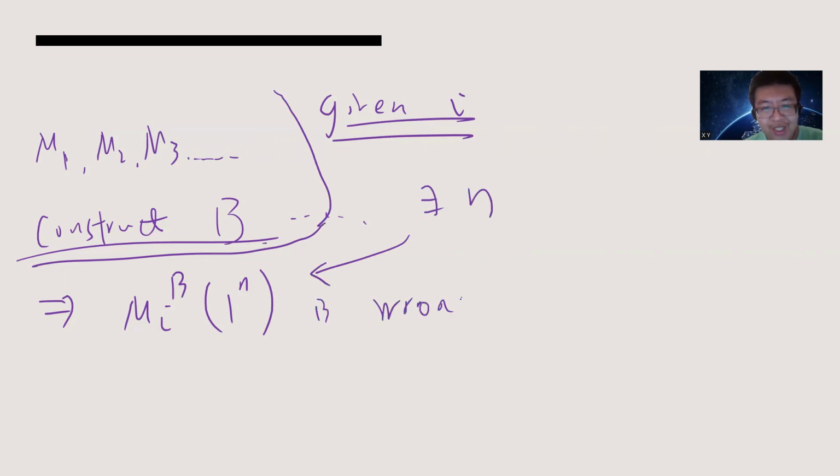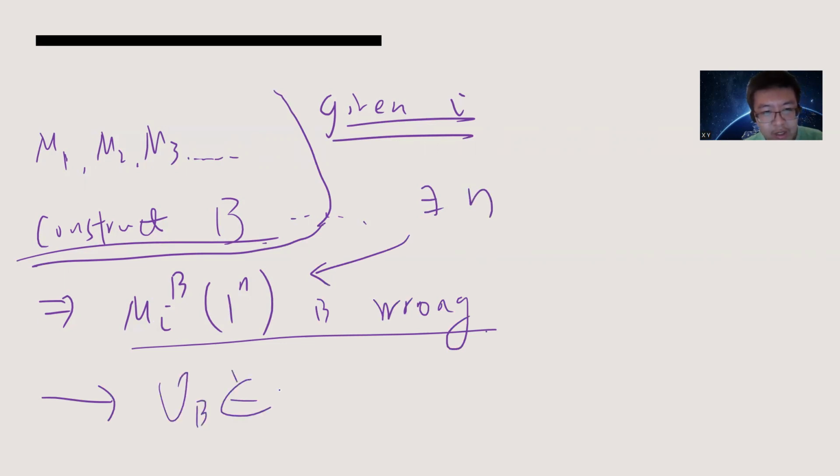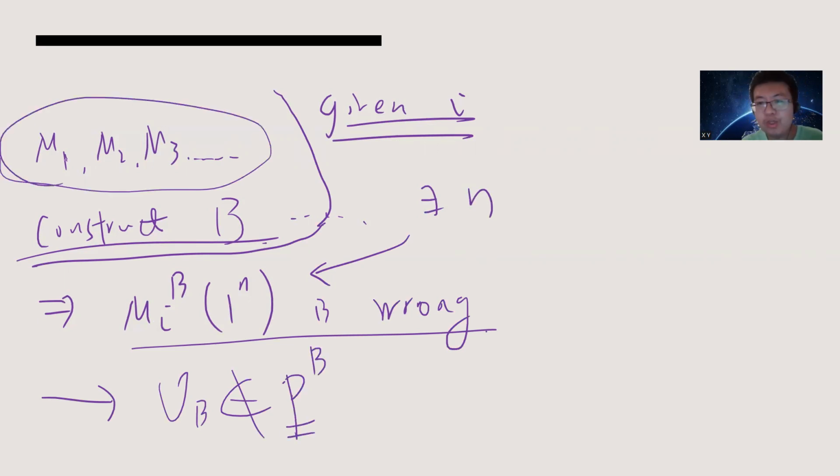It's incorrect. So basically this means that this language is not in P^B, because P^B consists of all the polynomial-time Turing machines with oracle B. And what we show is that there's always some 1^n on which Mi^B is wrong.